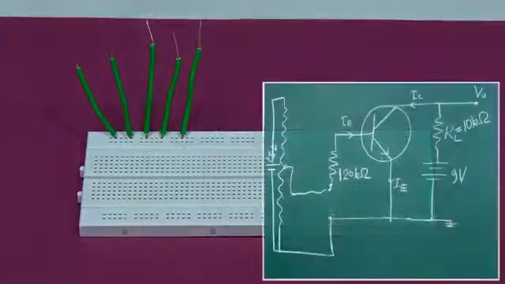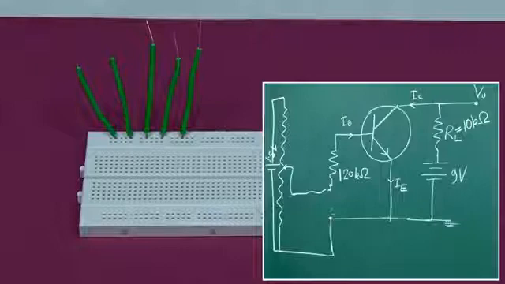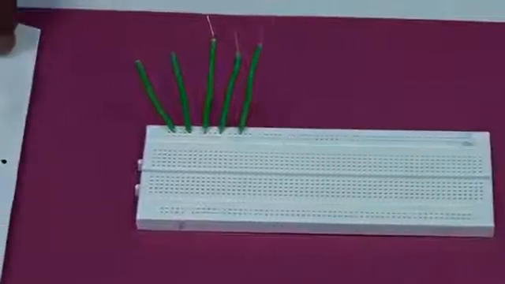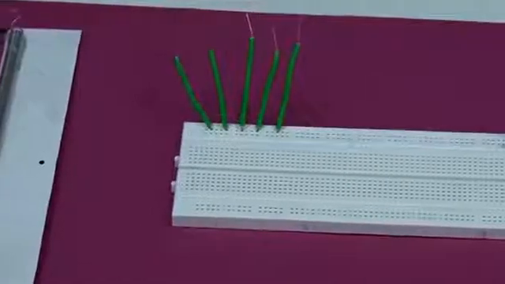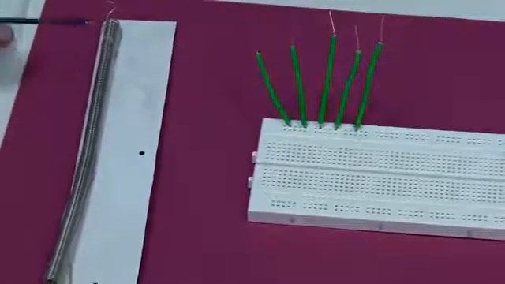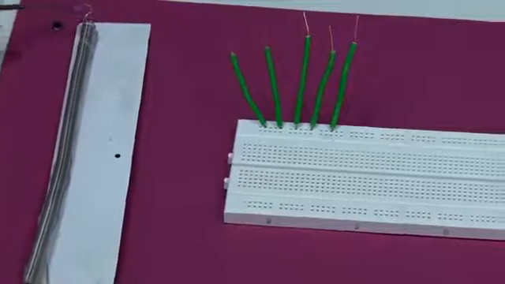So, let us first construct that input side and the 1.5 volt battery with heater coil to give bias to the base. Right. So, this is that heater coil. On this, we will be putting the 1.5 volt battery. So, you can connect the 1.5 volt here, positive here and negative here.